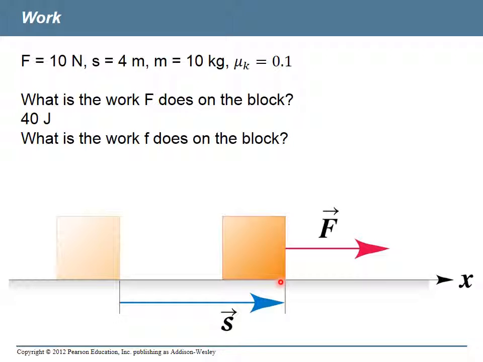In order to find that one, well, the direction that friction acts is going to oppose motion, right? And it's still opposing at a distance of 4 meters. So that distance is the same, 4 meters. And in order to find the frictional force, that's the coefficient of kinetic friction times the normal force, right? And since this is sitting on a flat surface, then the normal force is the same as the weight. So that's going to be 10 kilograms times 9.8 meters per second squared.